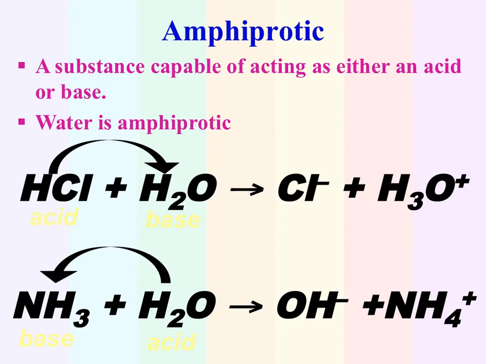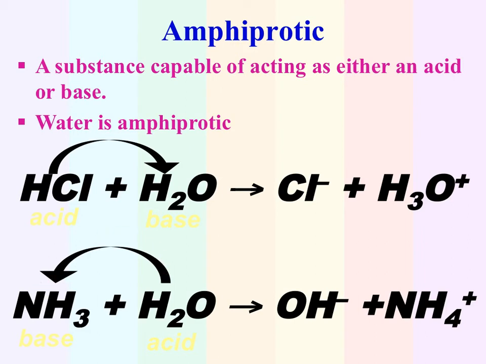So in this case, we have hydrochloric acid, we have H2O, so the HCl is a stronger acid than H2O could be, so HCl is going to transfer its proton to H2O and give you your conjugate base and conjugate acid respectively. In this case here, NH3 is actually a relatively weak base, but that makes the H2O molecule, in this case, the stronger acid.